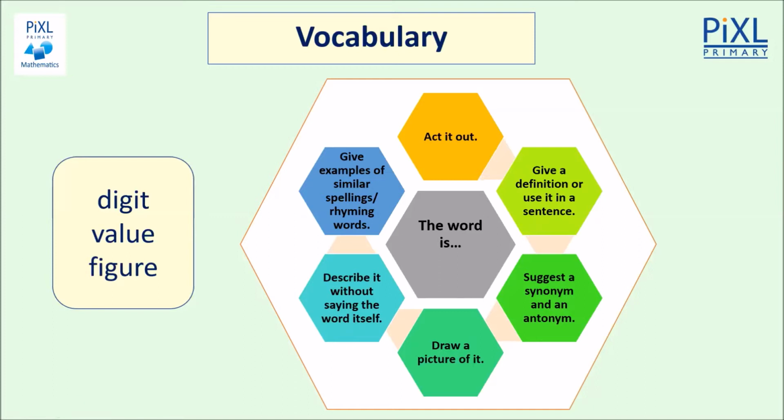So, for example, if I was describing water, I might say a wet material that makes up most of the earth. Give examples of similar spellings and rhyming words and act it out. So I'd like you to do all those things for digit, then all those things for value, then all those things for figure, and then come back to me. So pause the video here.